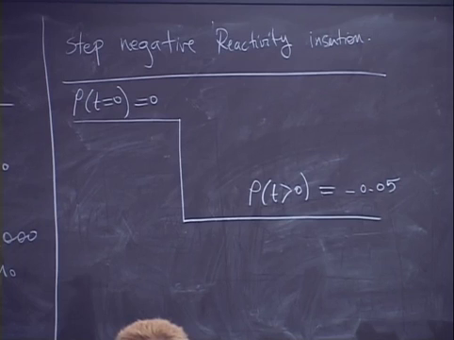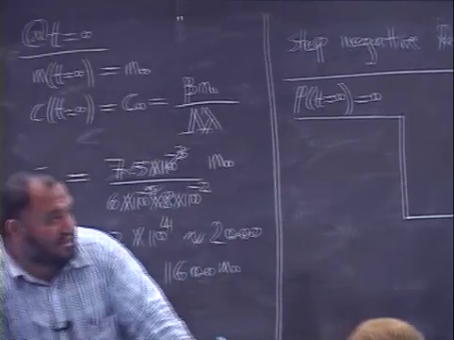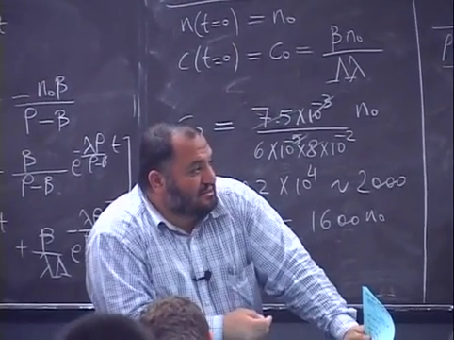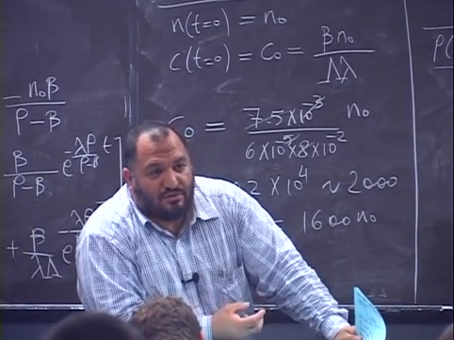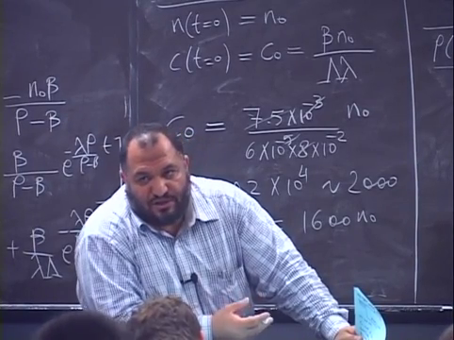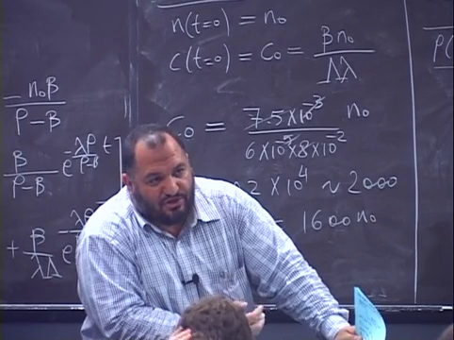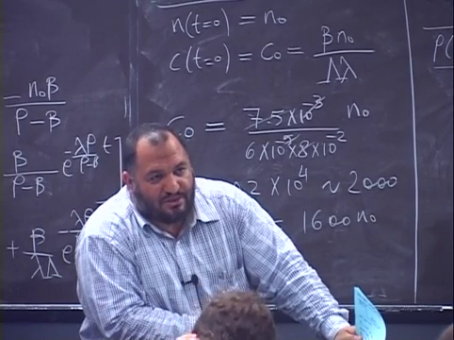Then let's say there is an earthquake, and the coils that hold the magnet that hold the control rods are de-energized because they lost the electricity or something like this.